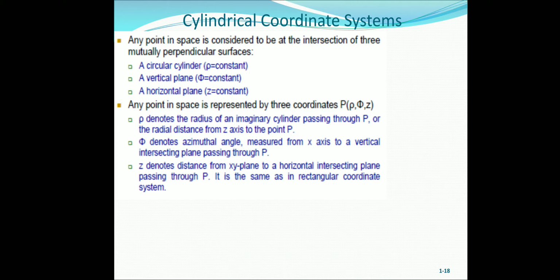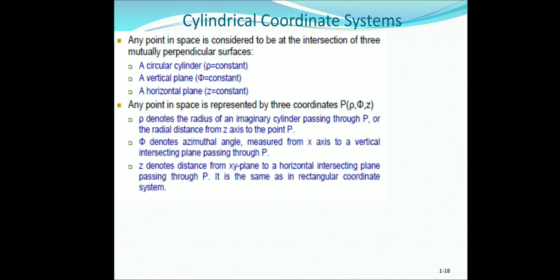Then we consider a vertical plane, perpendicular to the xy plane, that makes an angle phi with respect to the xz plane, or from the x-axis. That is the second plane. And the height of the point is represented as z itself, that is the horizontal plane, z equal to constant.